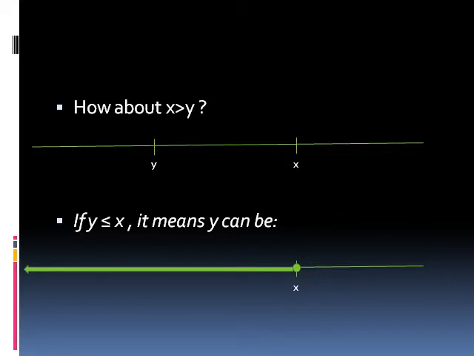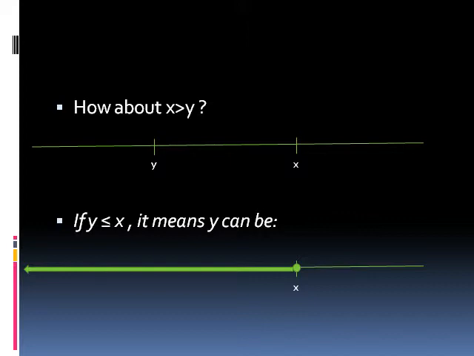So if y is smaller than x, and you want to just draw the relationship of x, you would just circle x but not color it in. Now for greater and less than, it will be represented by a colored line with an arrow, as you can see right here.